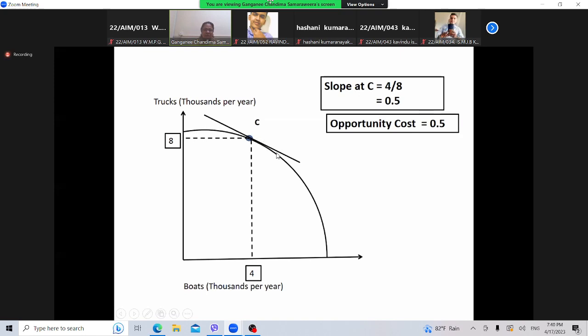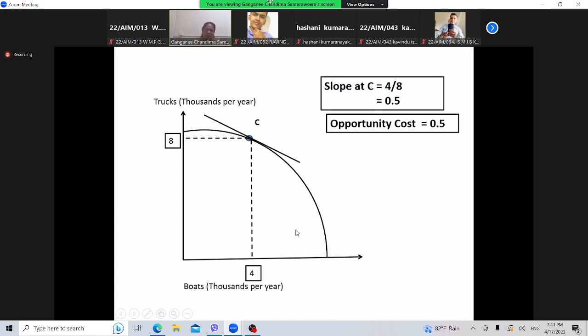From here to here, we are sacrificing producing trucks, gradually decreasing, and we are increasing producing boats. Understood that graph? Maybe 7, 6, 5, but gradually increasing the production of boats.